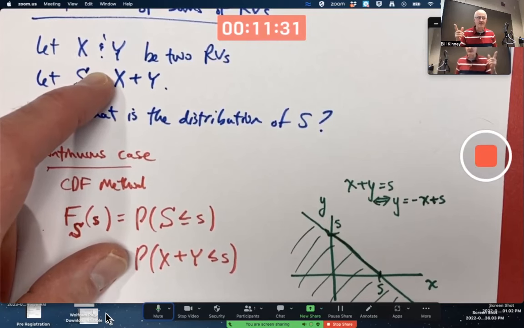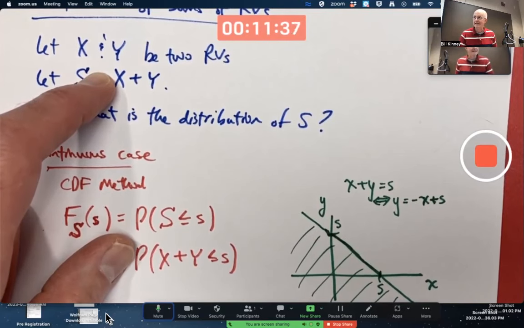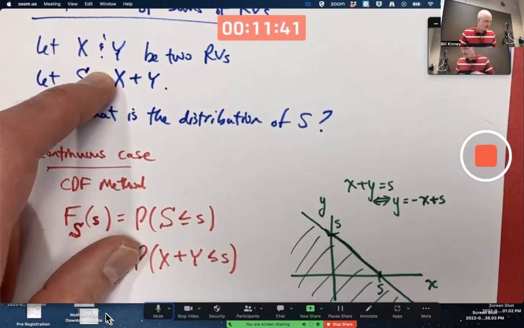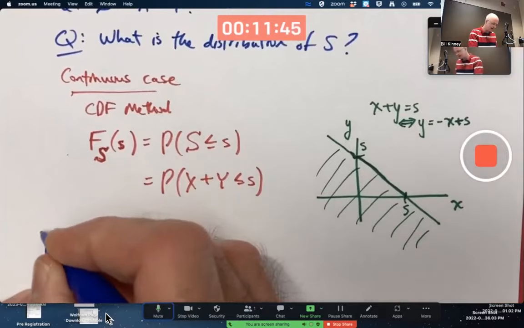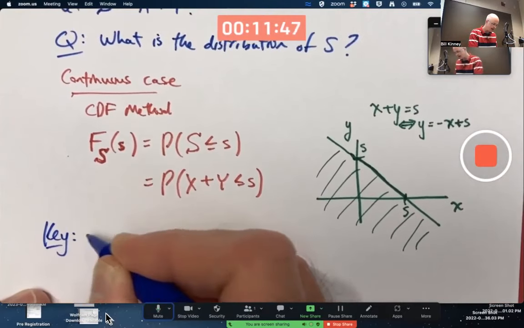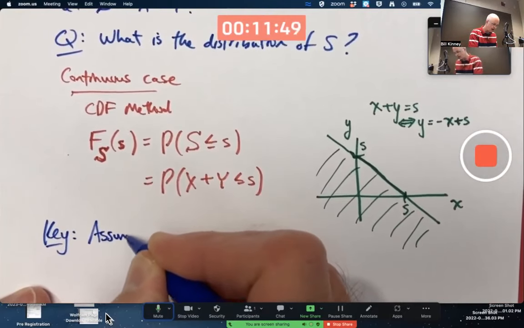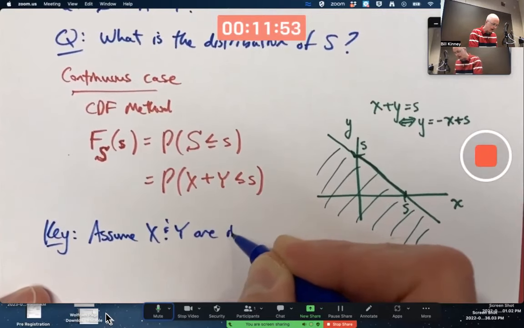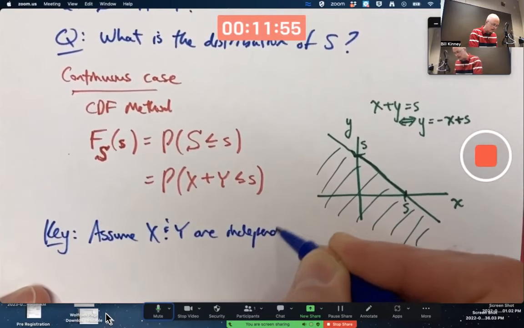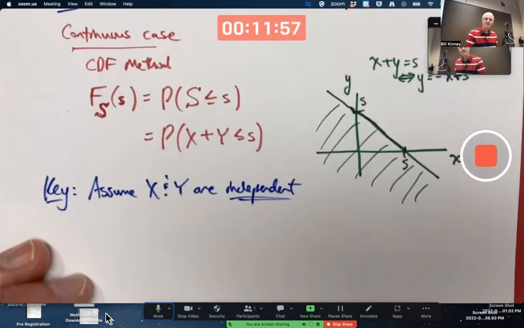The simplest thing to do, almost always what we do, in fact, is assume x and y are independent. That makes things a lot easier. We assume, key assumption, x and y are independent. What does that do for us?